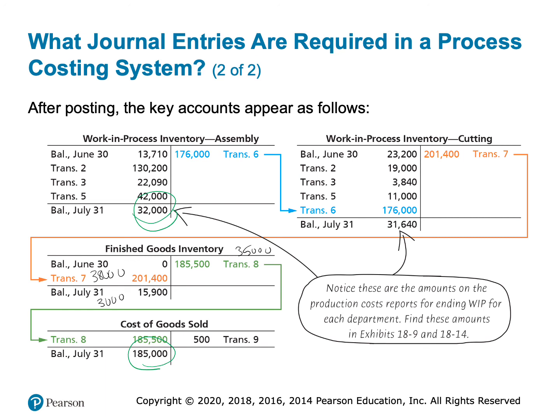And guess what? This is the coolest thing. If you take 15,900 and divide it by 3,000 units, you know what you get? $5.30. So those 3,000 units that are still in finished goods inventory have a cost assigned to them of $5.30, which is exactly what we said it should be.